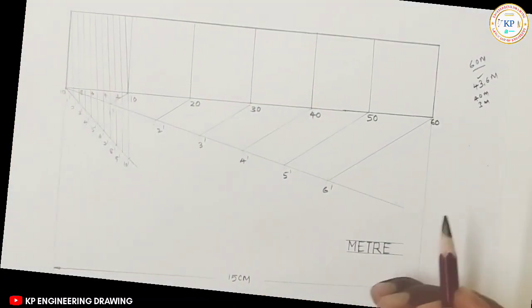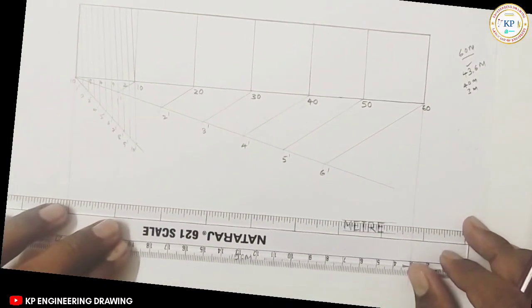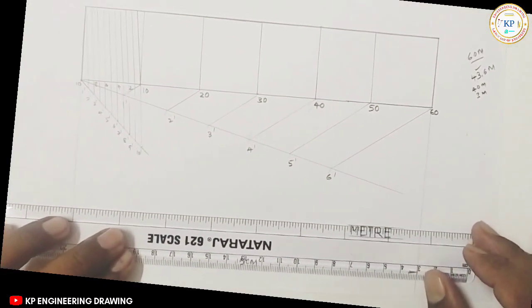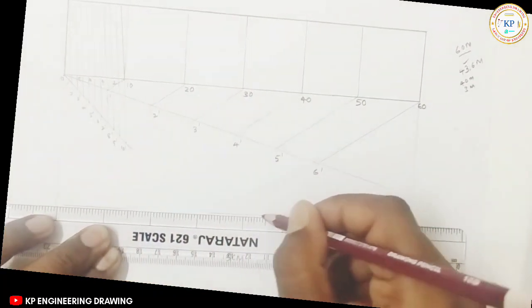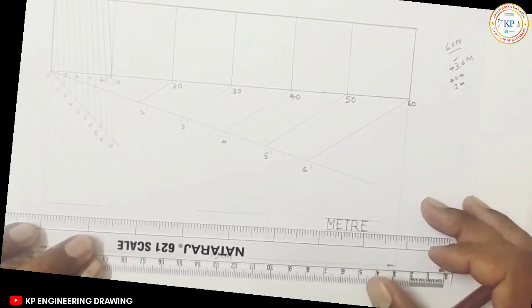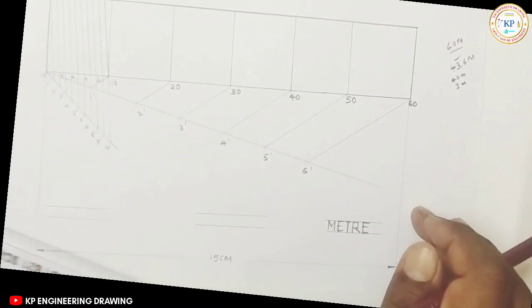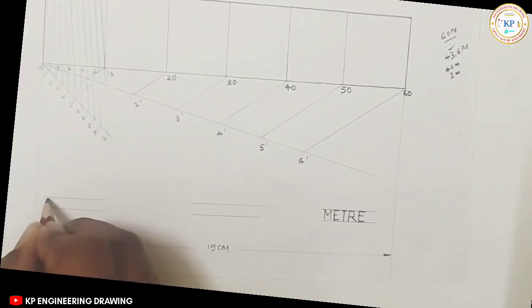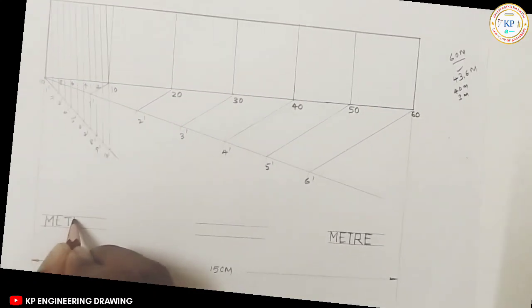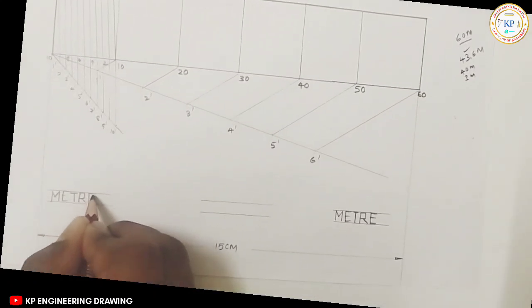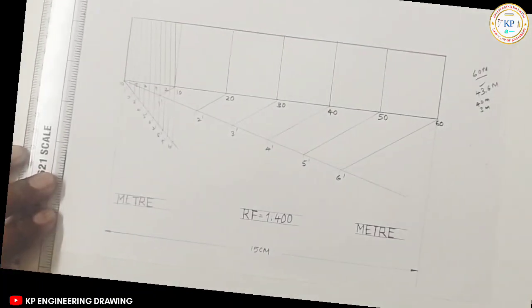Okay, so this is also the meter scale, so mention it here. And then you mention RF. Here also write down: scale is meters and RF 1/400.